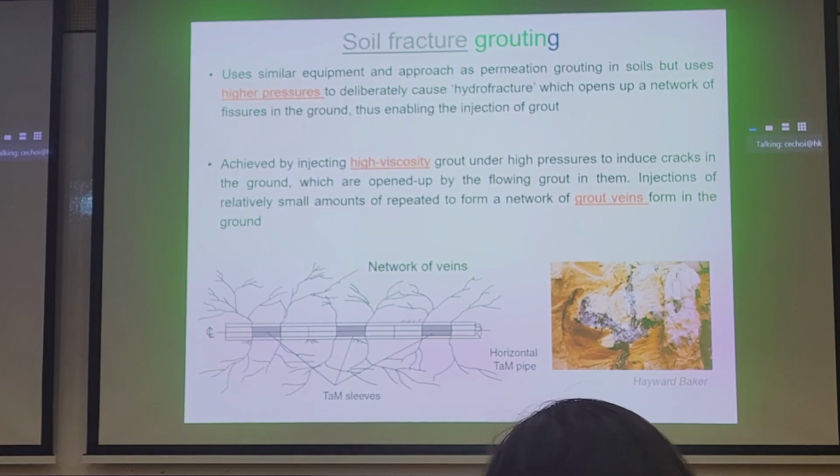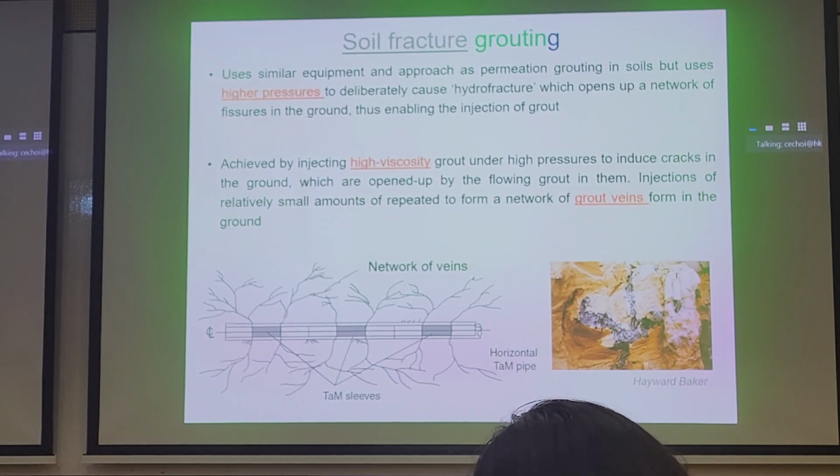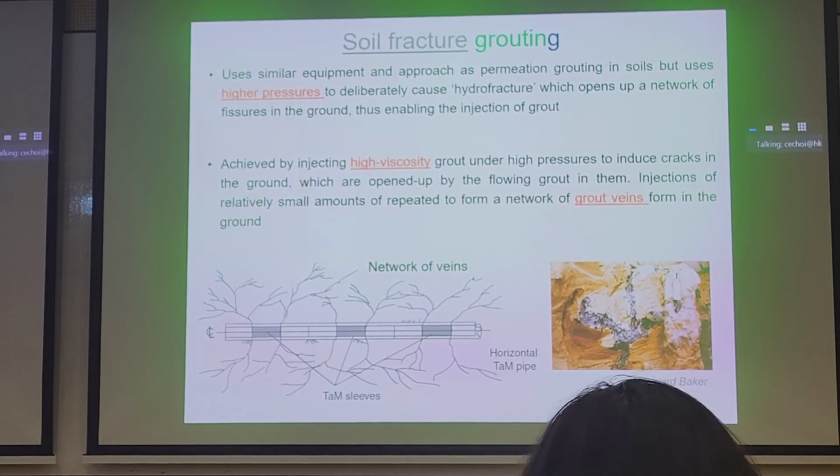Likewise, we can use TAM sleeves for fracture grouting. We can inject the grout where the rubber sleeves are so that we can have some control over the location of the high pressure injection. TAM pipes are quite versatile for injection location, as you'll see throughout this lecture. Now, soil fracture grouting requires high mobility grout at high pressures.